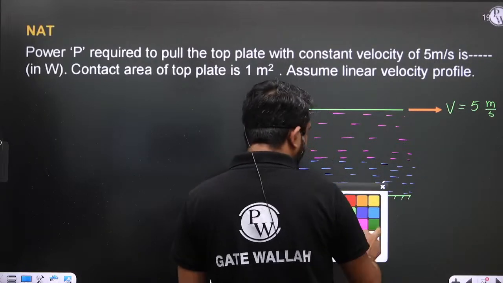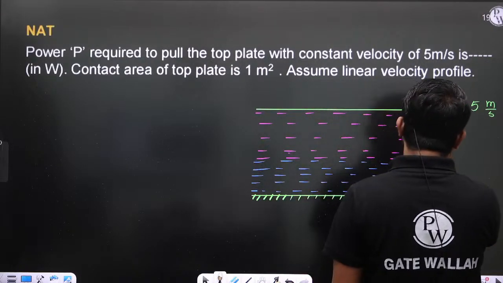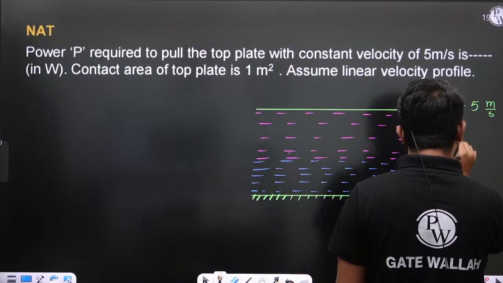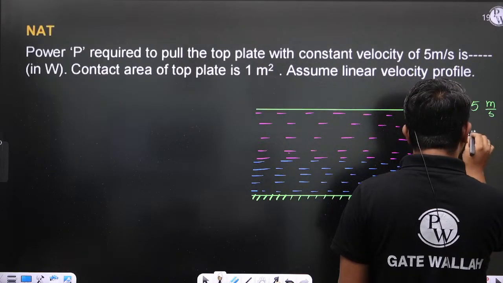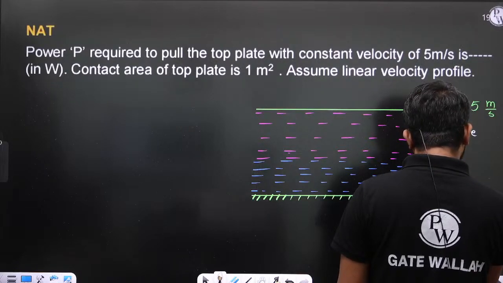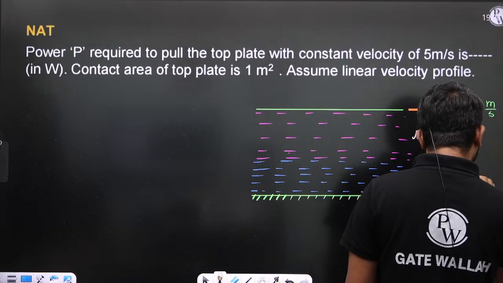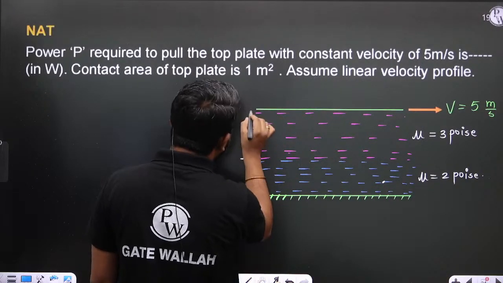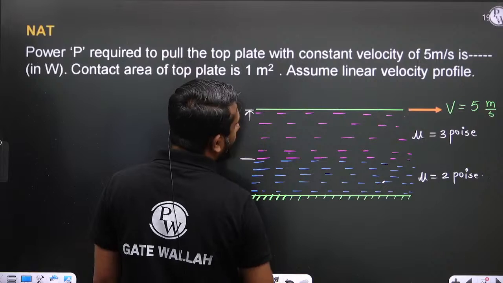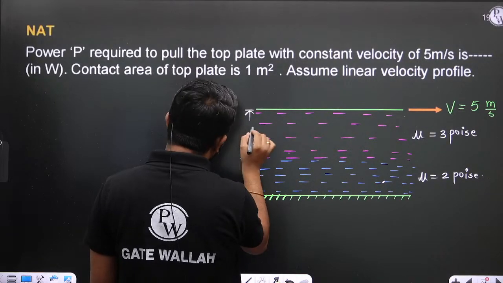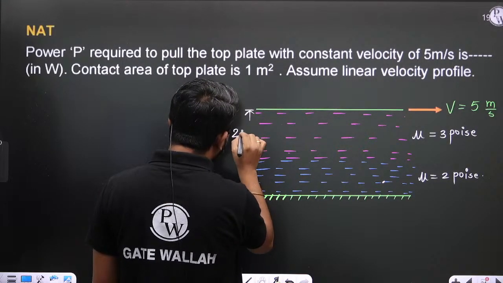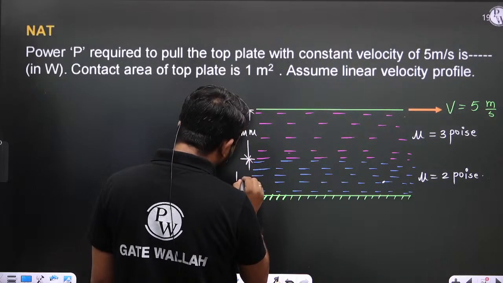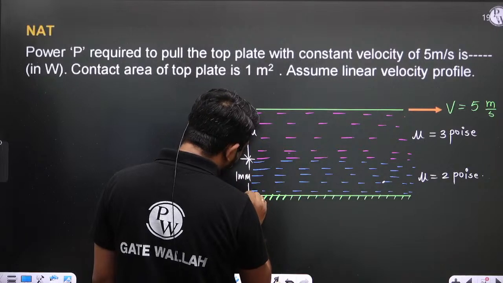This fluid has viscosity 3 poise, and this fluid has viscosity 2 poise, right? And the depth of this fluid is 2 mm, and the depth of this fluid is 1 mm.